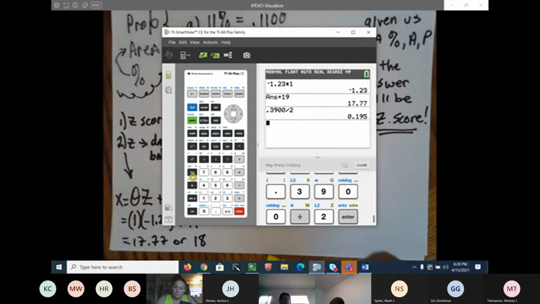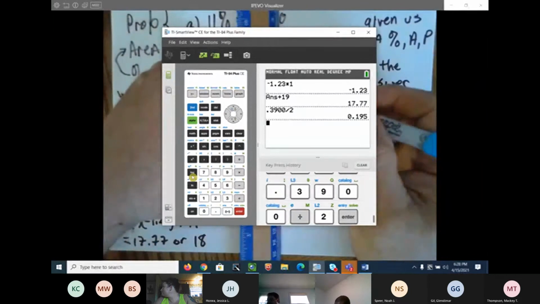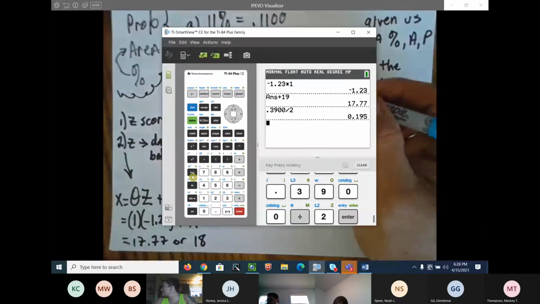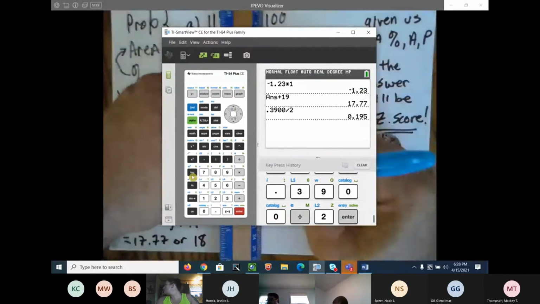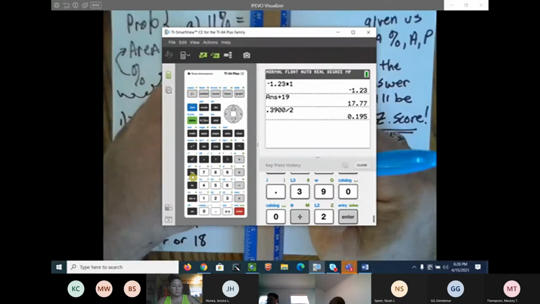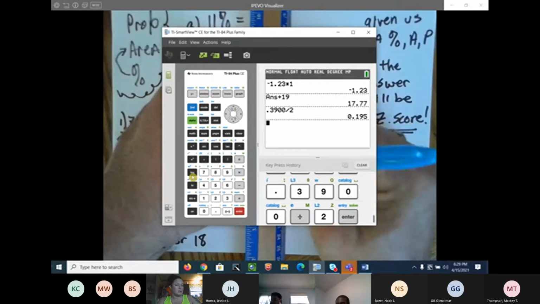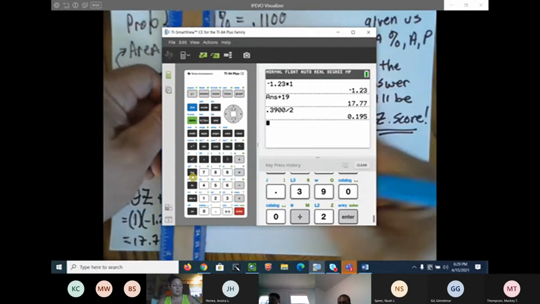And I'm just going to draw a straight line. I don't care where it is because you know it's not past 1, because 1 is 34%. So we know that 17 is half. So I'm going to make it a little bit more than half. There's half. I'm going to make it a little bit more than half.